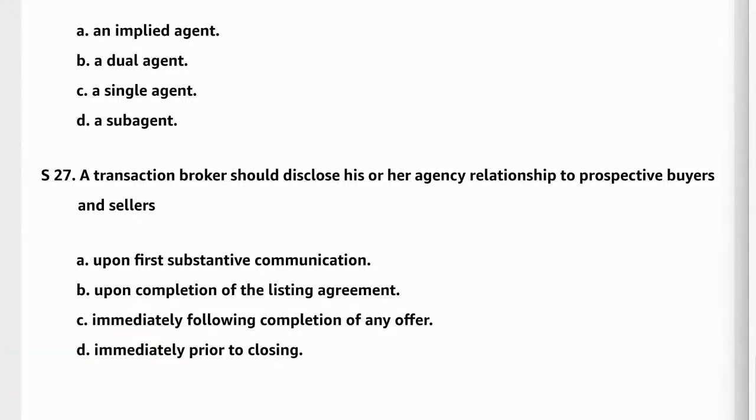A, upon first substantive communication. B, upon completion of the listing agreement. C, immediately following completion of any offer. Or D, immediately prior to closing. A transaction broker should disclose his or her agency relationship to prospective buyers and sellers when?